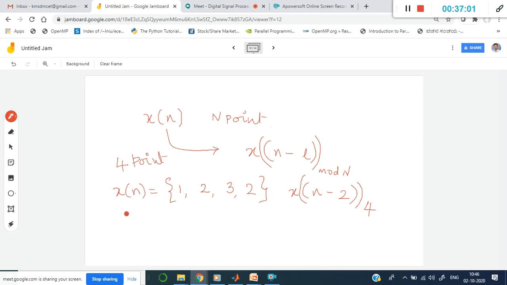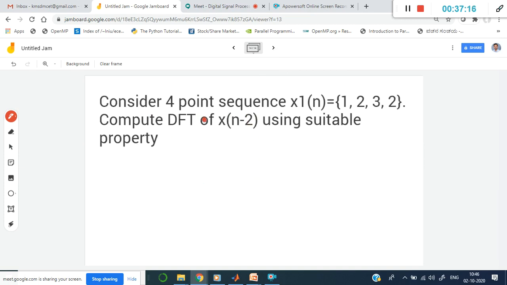Now let me explain how I should perform the circular time shift. Let me take a new page here.